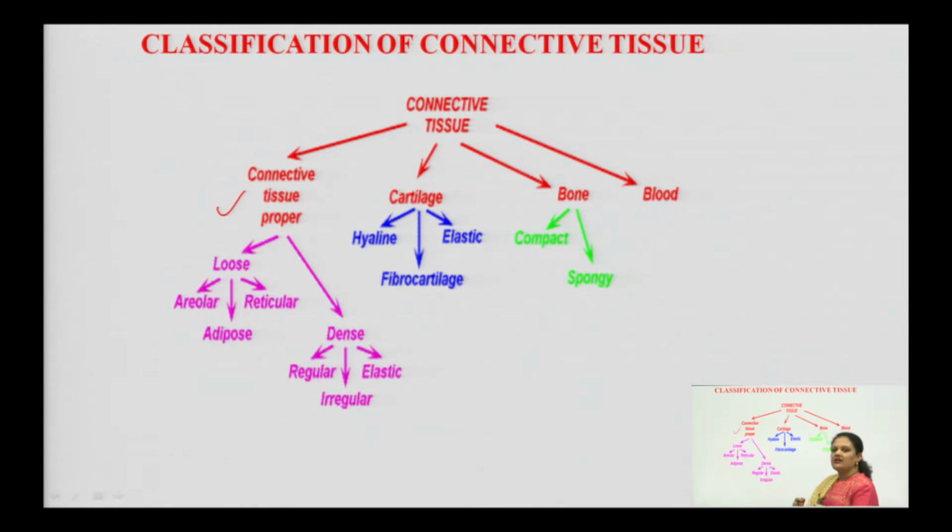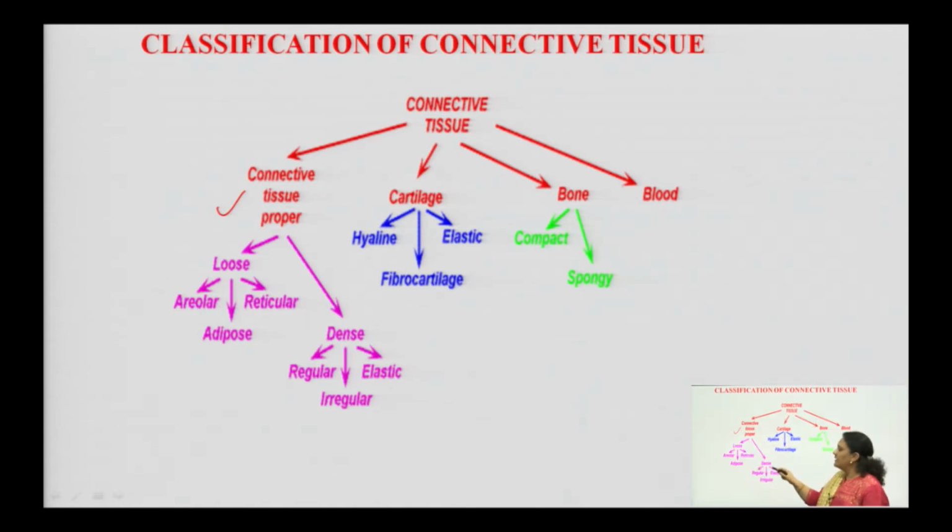The cells which are loosely packed form the loose connective tissue, and the closely, tightly bound cells form the dense connective tissue. The loose connective tissue is again divided into 3 subtypes: areolar loose connective tissue, adipose loose connective tissue and the third one is the reticular loose connective tissue.